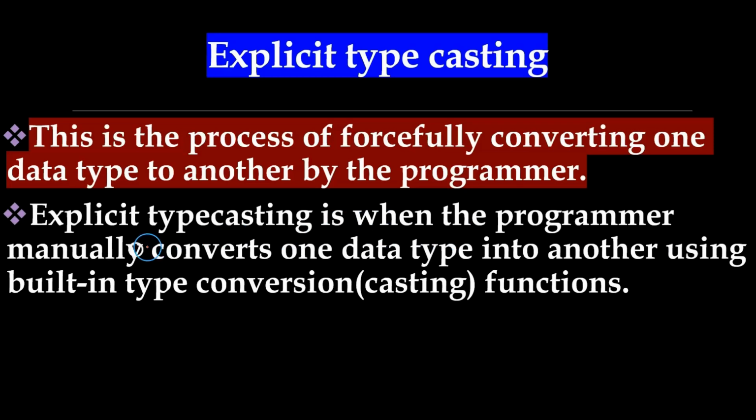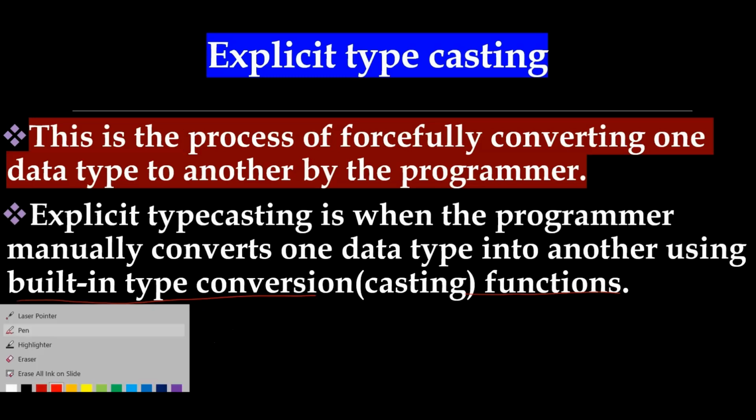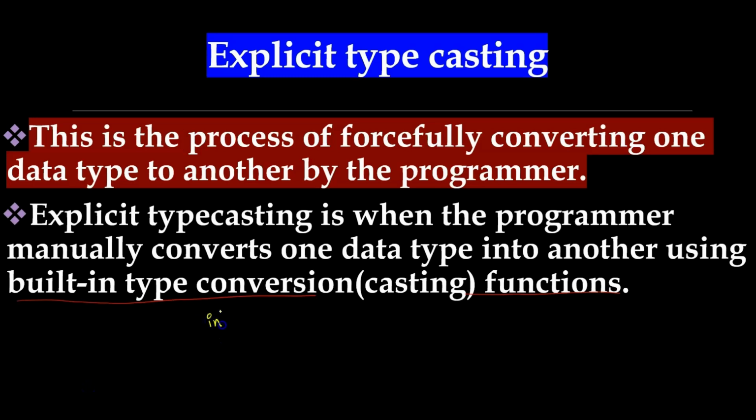The programmer manually converts one data type into another using the built-in type conversion functions, like int, float, str, etc. We also have more built-in functions like list, tuple, etc.